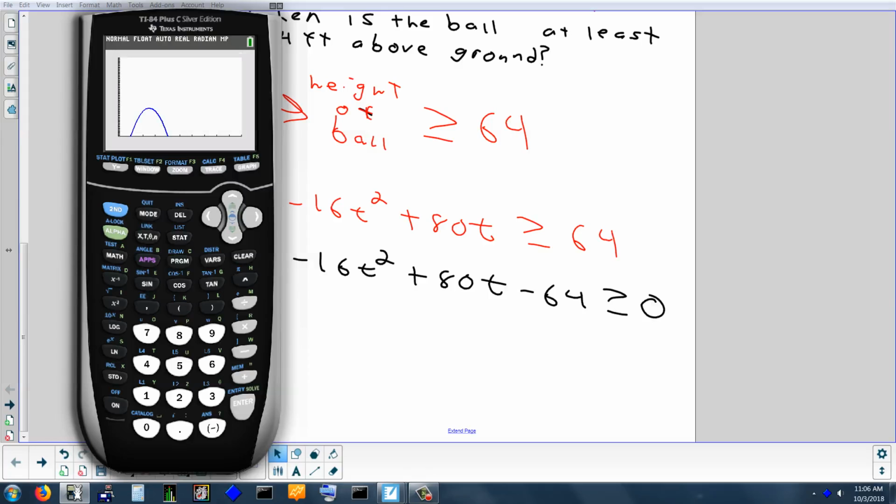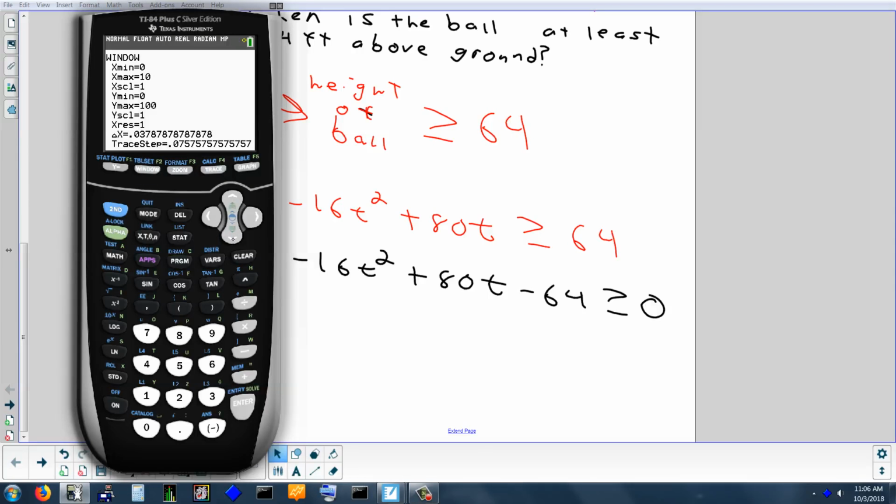All right. So there's our parabola. What we want to know is basically when that parabola is greater than or equal to 0. Well, that's the section I'm showing you right there.